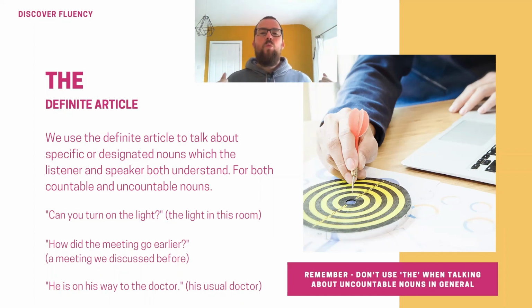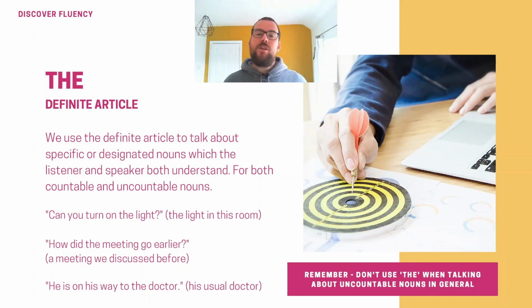And when we are talking about uncountable nouns, be very careful not to use the word the when you are speaking generally. This is something I often hear where people say, the people like this. When you say the people, you're talking about a specific or designated group of people, not just people in general.